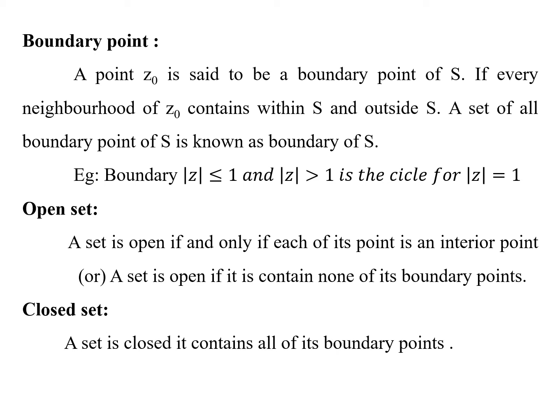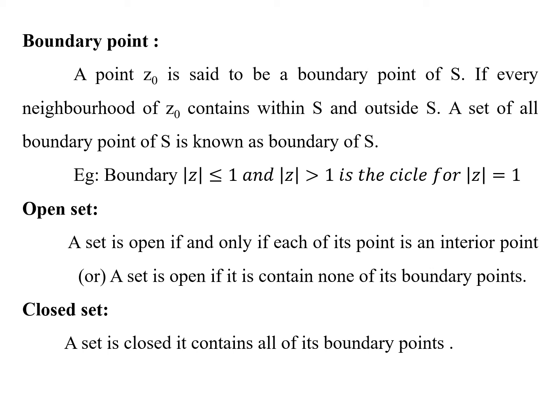Next one, boundary point. A point z0 is said to be a boundary point of S if every neighborhood of z0 contains points within S and outside S. The set of all boundary points of S is known as boundary of S. Open set. A set is open if and only if each of its points is an interior point.